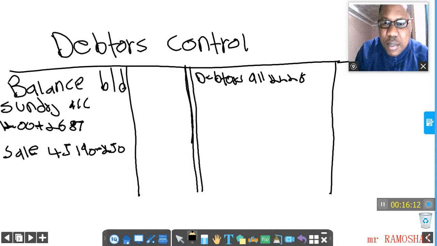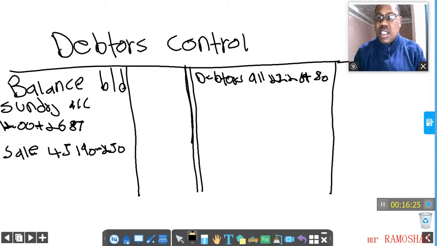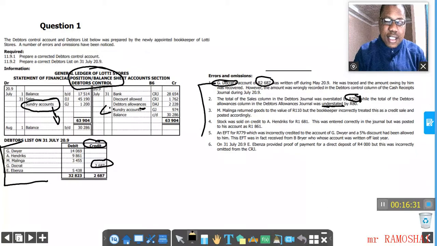And she said this tablet cannot write too nicely. Right, so we are going to add 80 rand, because it was undercasted. So information number 2 only affects the sales and the debtors allowance. Then we move forward, right?